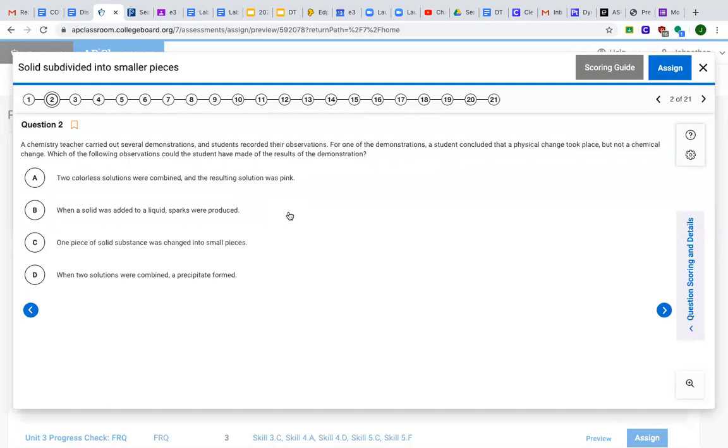Oh, I see. That last question, the question part itself is confusing. Basically, what results did the student see? Okay, if he or she was going to conclude that it was physical and not chemical, the change that took place, what are the results the student saw? Okay, so go ahead and give that 30 seconds.